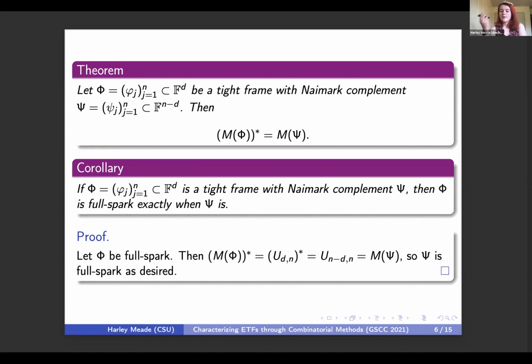Because if you're looking at the dual of the matroid of phi, as I said a couple slides ago, that matroid is going to be the uniform matroid of rank D on n elements. Dual of that, uniform matroid of rank n minus D on n elements. And that's the matroid of psi. So since the matroid is uniform, it's full spark. Yay! That's going to be helpful here in a little bit.